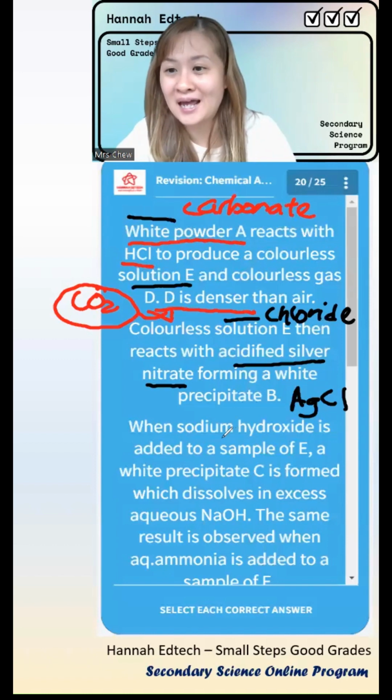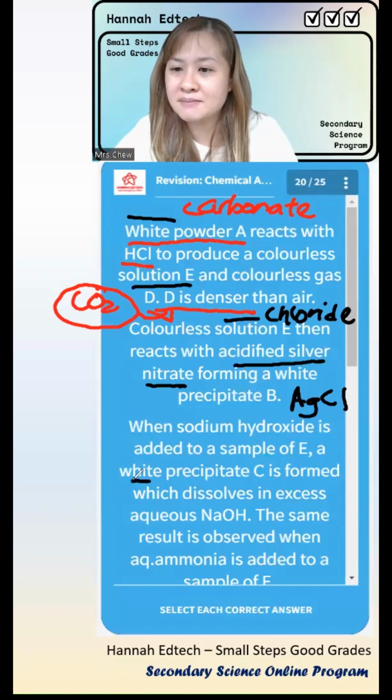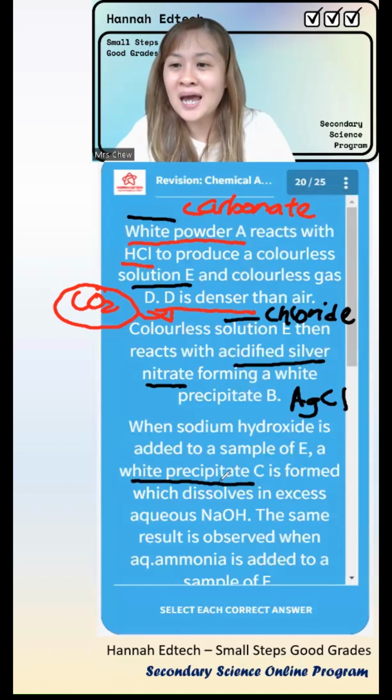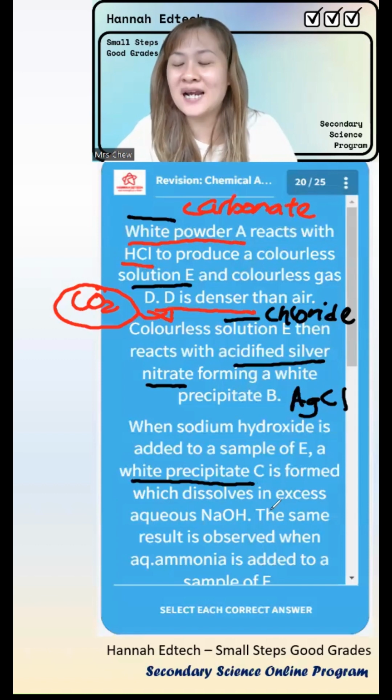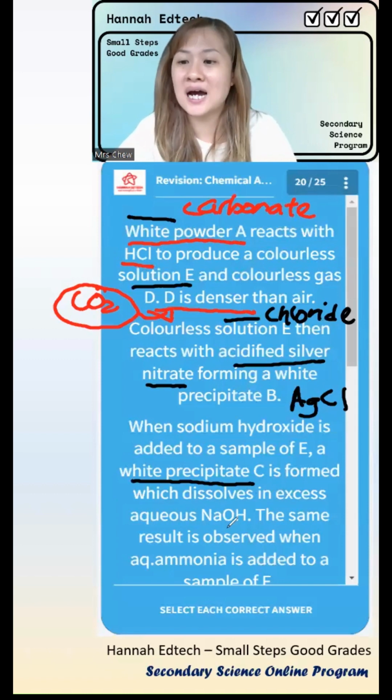All right. Now, you don't know the metal ion for the chloride and for the white powder. Hence, you have to add sodium hydroxide to a sample of E. You see that a white precipitate C is formed and that C dissolves in excess aqueous hydroxide.